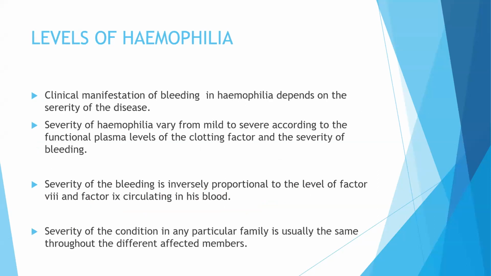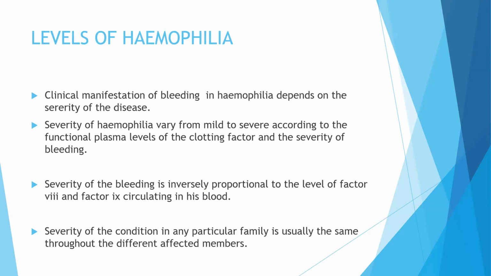Okay, levels of hemophilia. They have clinical manifestations. For you to say this is a severe bleeder, a moderate bleeder, or a mild bleeder, you have to know the levels of hemophilia.